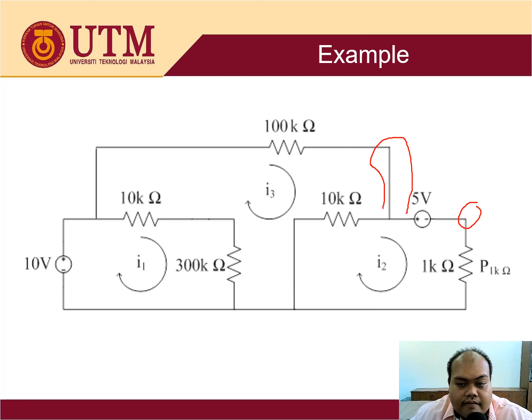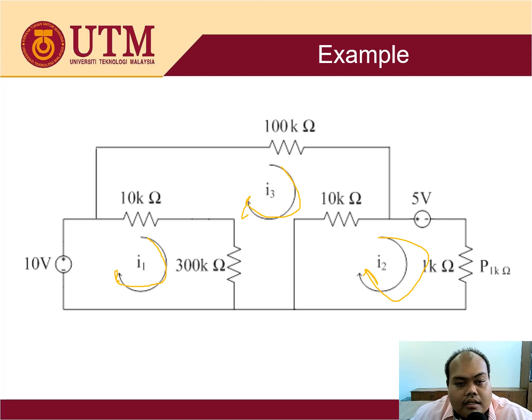How about loops? Loops can be very tricky if there are more than 3. This one is the first loop, loop 1, loop 2, and loop 3. There are 3 independent loops. But how about the dependent loops?